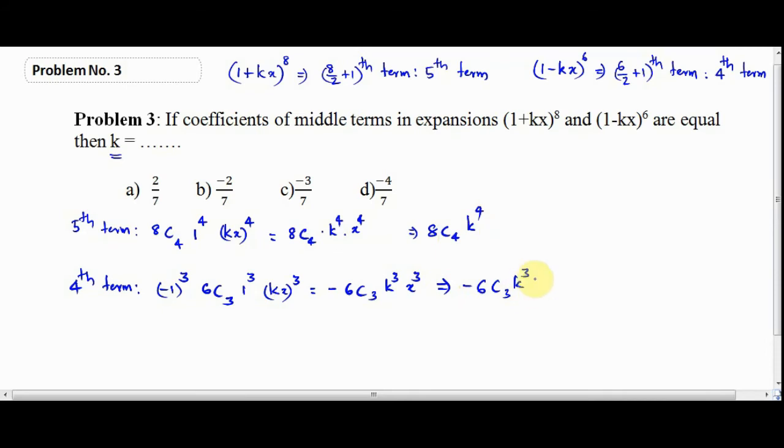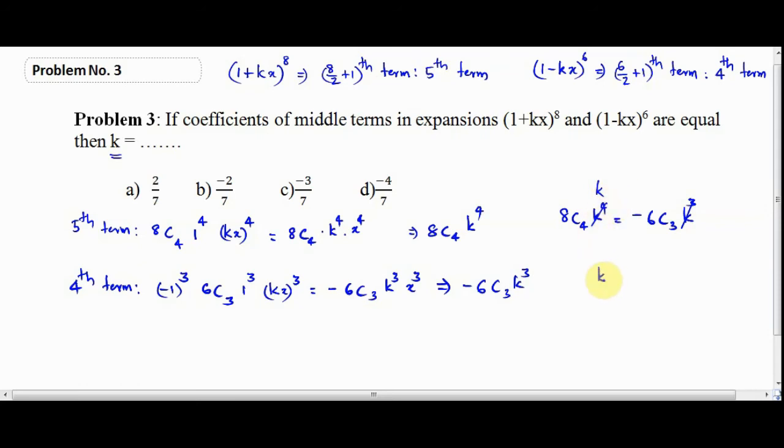When you equate these two, we get 8C4 into k^4 equal to -6C3 into k^3. Here k is common: here we have k^4, here we have k^3. So when you cancel k^3 from both sides, here we get k, and from this we may calculate the value of k.